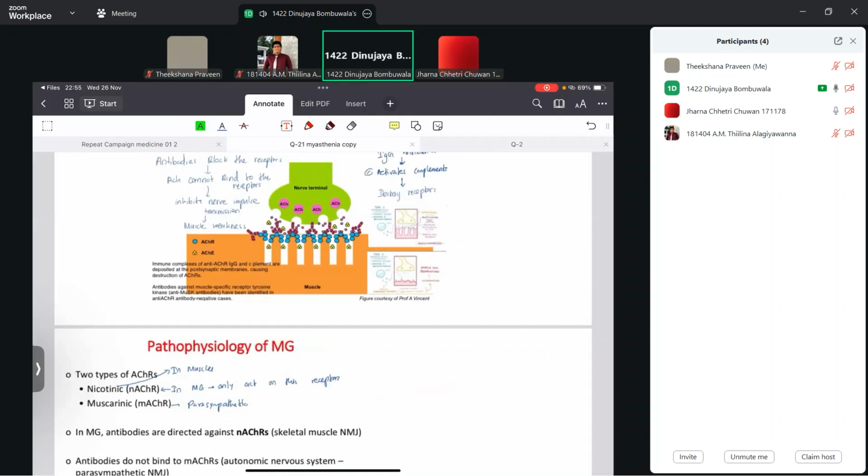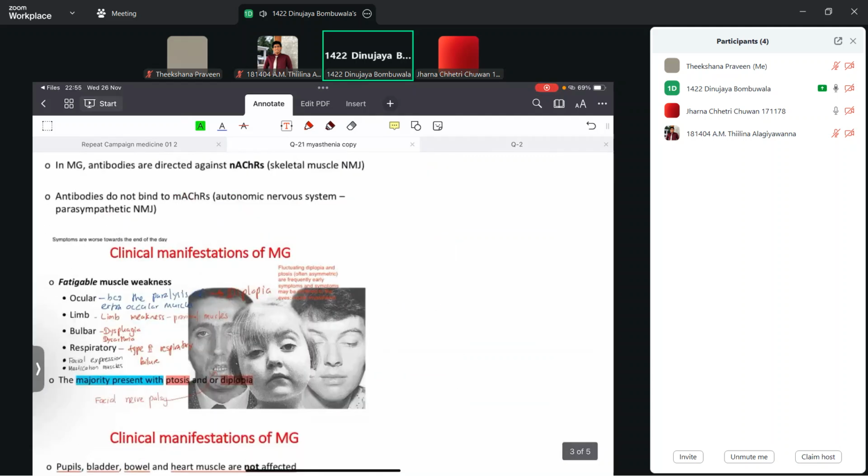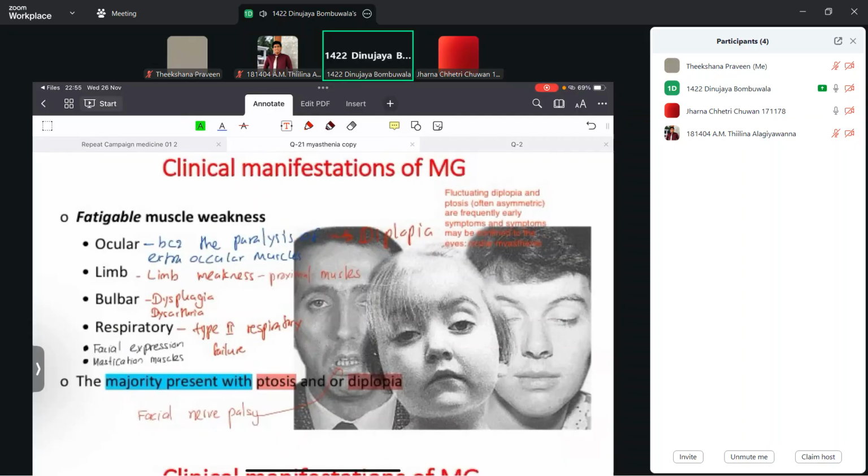This one is important: clinical manifestations. Usually there is ocular muscle involvement, and it causes diplopia due to extraocular muscle involvement. Limb weakness will be there, and the patient will usually have difficulty getting up towards the evening.